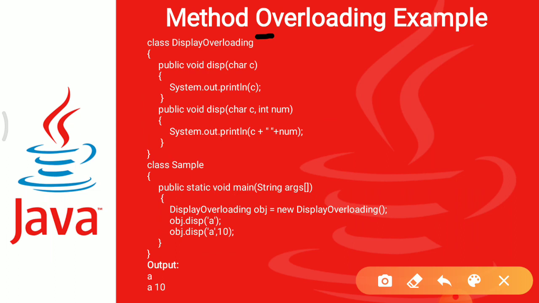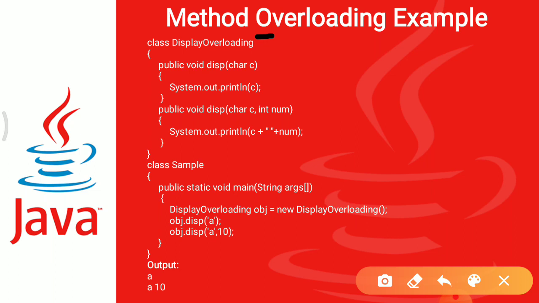In System.out.println, we concatenate c as well as the number. So in this we are doing method overloading: display with character c only, and display with two parameters, the character and the number.